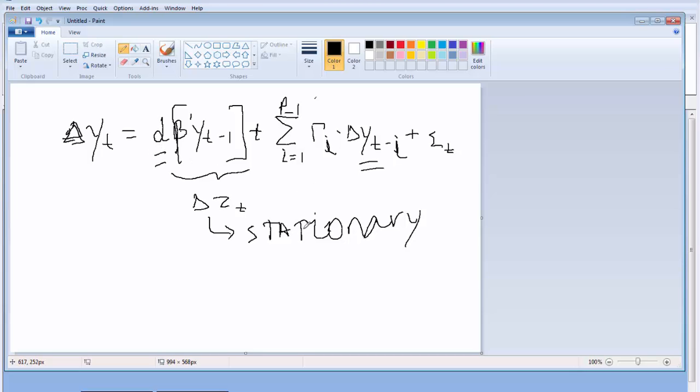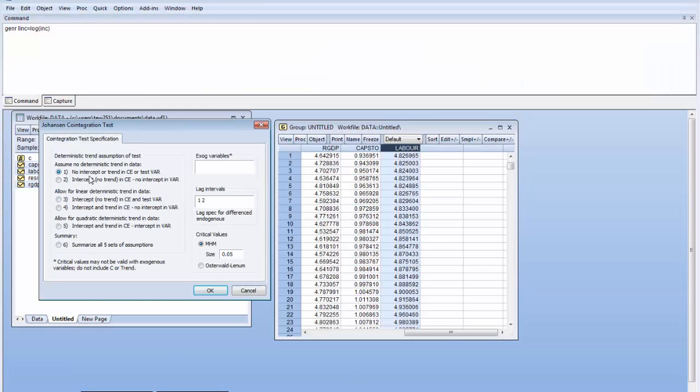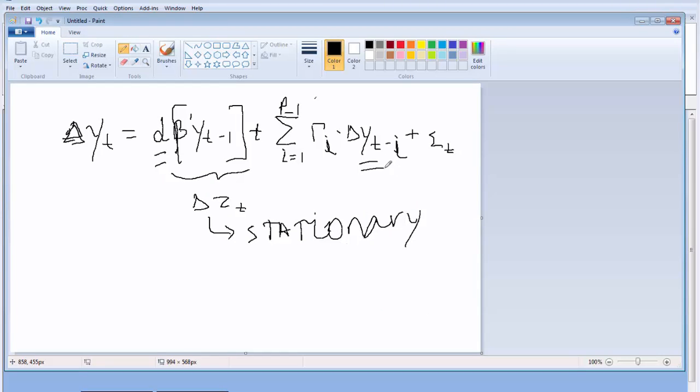So now the first one here, let's go back. This first case says no intercept nor trend. In that case, this is the sort of model you will be running. There is no intercept in this whole equation, and no trend.